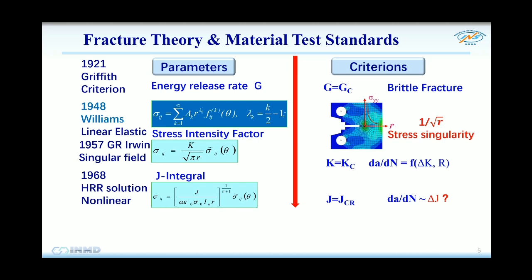So in the later 1960s, Rice, Hutchinson, and Rosengren developed the HRR solution, using the J integral to replace the stress intensity factor to dominate the plastic crack tip field.